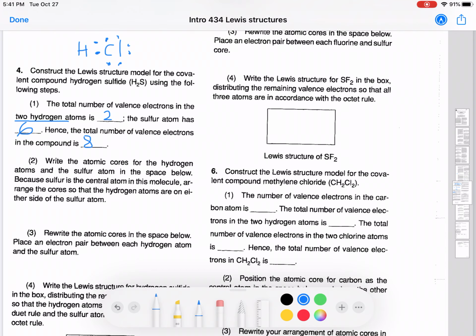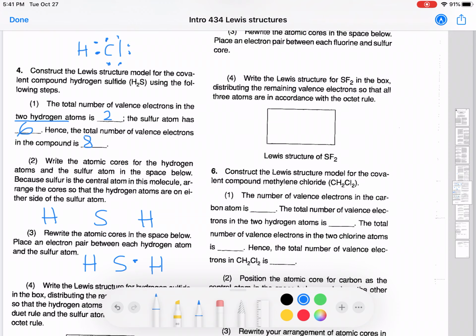Okay. Write the atomic cores for the hydrogen atoms and the sulfur atom in the space below. So the core would be hydrogen atom, sulfur atom. Now put a pair of electrons between hydrogen and sulfur atom. There are 2 hydrogens. Hydrogen, sulfur, hydrogen.